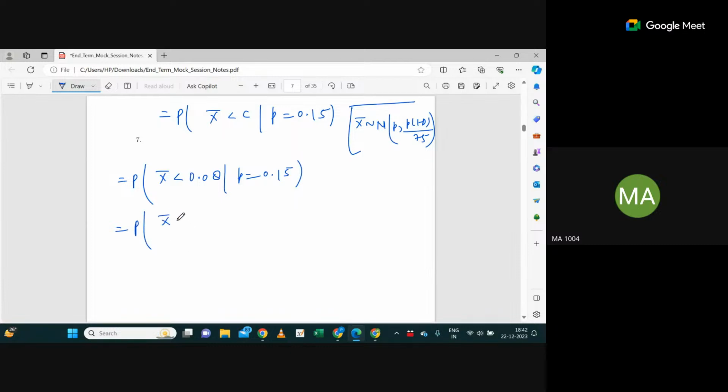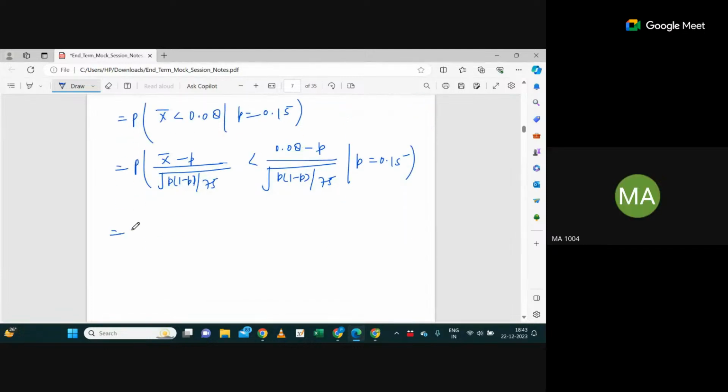So it will be X bar minus p divided by square root of p into 1 minus p divided by 75, less than 0.08 minus p divided by square root of p into 1 minus p divided by 75, right? Yes, sir. Okay, and what is the given case? Given that p equal to 0.15, right?